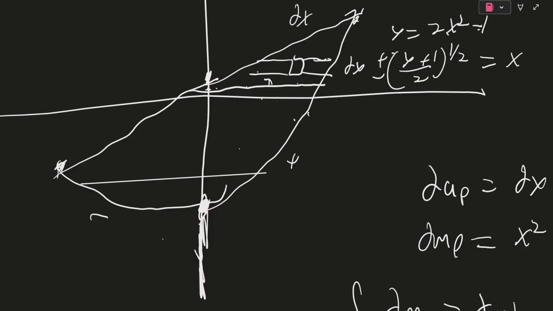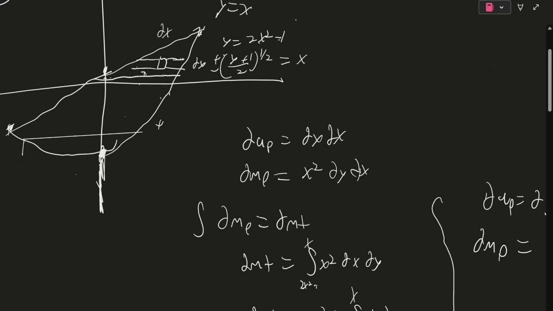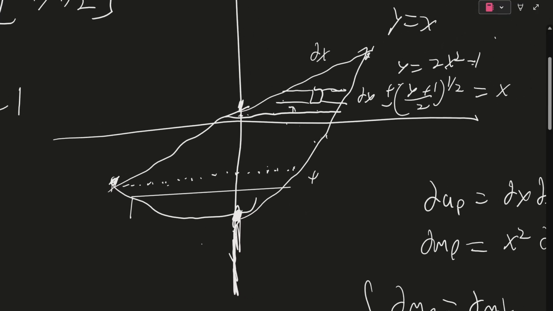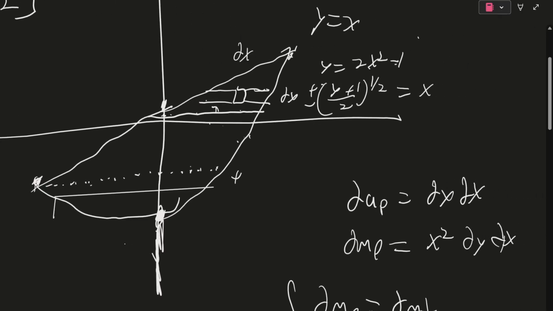They're not going to be the exact same function, but the function on the left-hand side is going to be different depending on what y value we're at. So what we have to recognize is that right here where these functions interconnect, there's going to be two different integrals for dm.